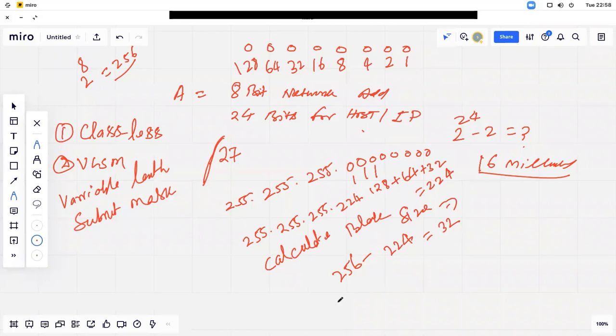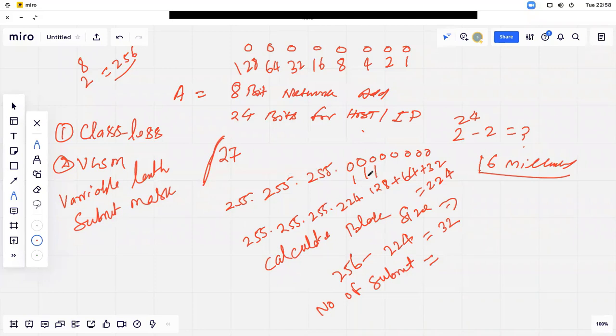Now we need to calculate the number of subnets, or number of networks, as you can say. To calculate the number of subnets, we need to see how many bits we have borrowed from the last octet to complete the 27 bits.